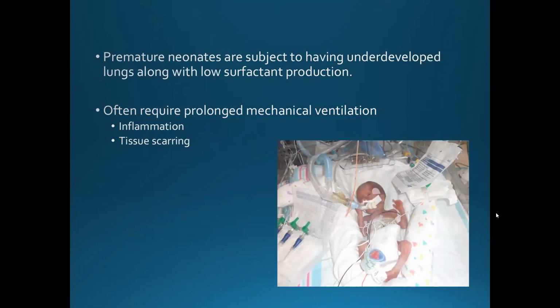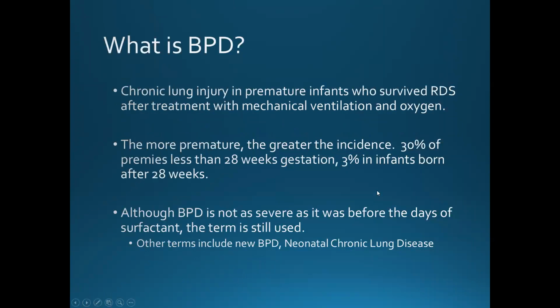Premature neonates are subject to having underdeveloped lungs along with low surfactant production. They often require prolonged mechanical ventilation, which leads to inflammation in the lung tissue and tissue scarring. So what is BPD? It says chronic lung injury in premature infants who survived RDS after treatment with mechanical ventilation and oxygen.